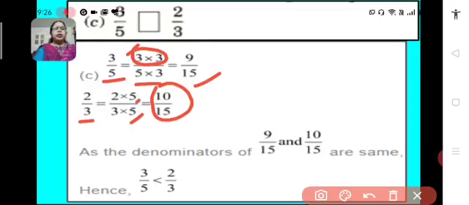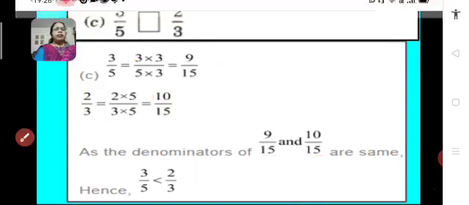So, we get 10 upon 15. Now, we have 9 upon 15 and 10 upon 15, both are like fractions, so it is easy to compare them. We know that 10 upon 15 is greater. That means the fraction 2 upon 3 is greater than 3 upon 5.